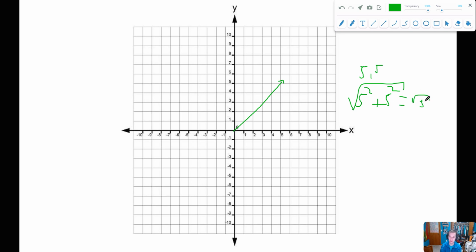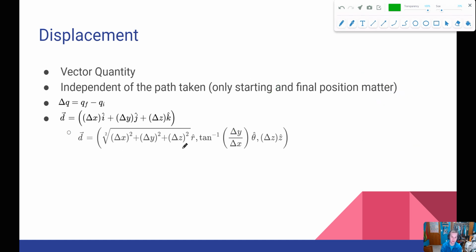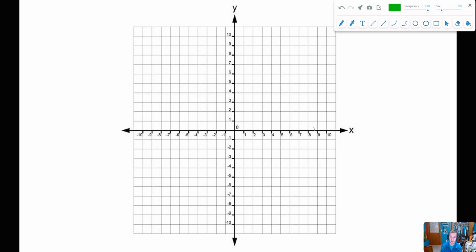So the length of that vector is the square root of 50. And so in polar, we'd have square root of 50 comma 45 as our vector. So I actually just explained how to convert between Cartesian and polar by using that formula conveniently enough. So this is how you find r, and this is how you find the angle. So that's pretty nice and dandy.